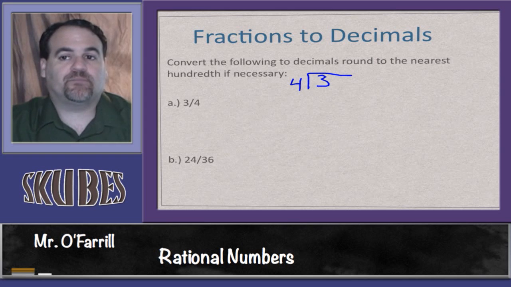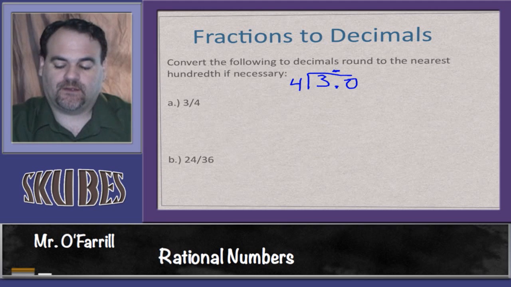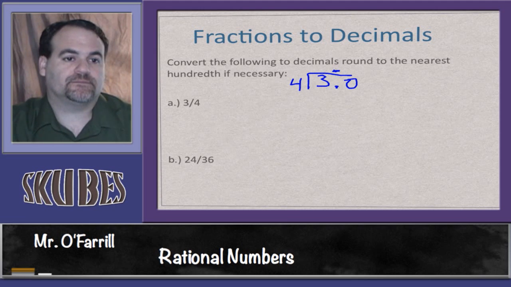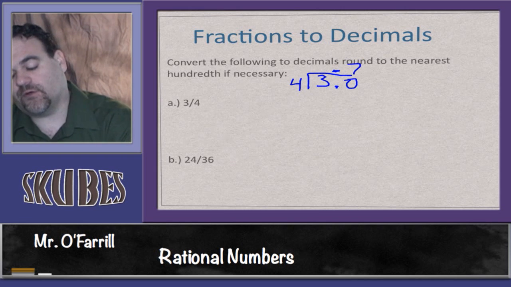We can't actually put 4 into the number 3, so we are going to need to put the decimal point there. 4 goes into 30 7 times. 7 times 4 is 28. Subtract, and you get 2.